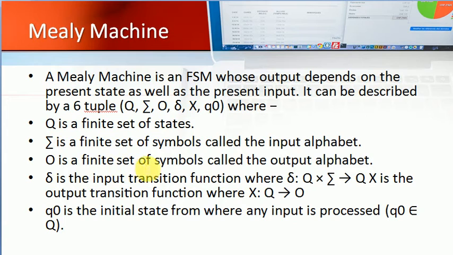O is the finite set of symbols called the output alphabet, and delta is the input transition function where delta is Q times Sigma giving Q. X is the output transition function where X is Q times Sigma giving O. q0 is the initial state from where an input is processed.